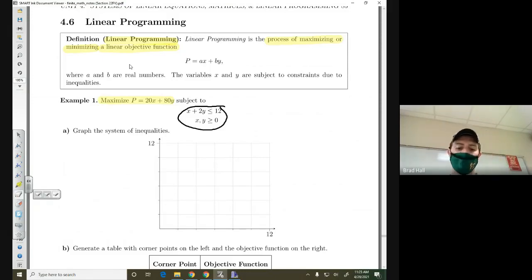Now, the downside of this section is that for some reason, they do not let you graph anything on my math lab. You have to generate the graph on your own from scratch. What I have in my notes is just a template.